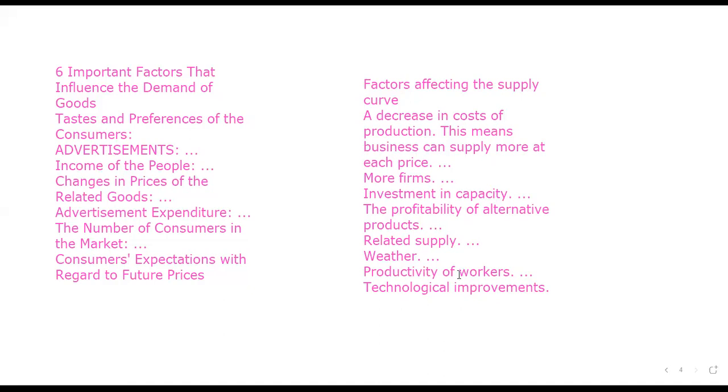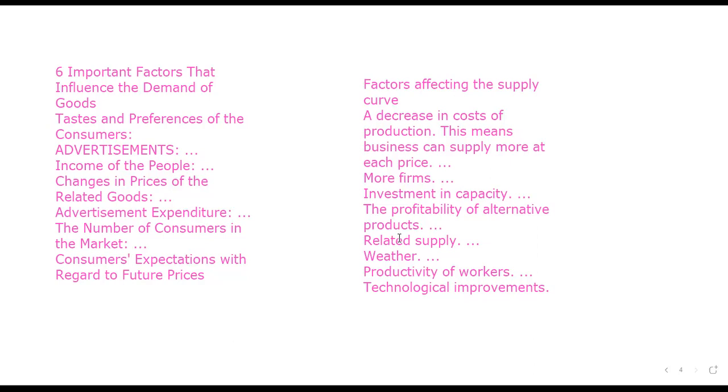So then also the related supply. If some supply is dependent on other related supply and it's available, then people will have the determination to produce, because the other related supply is a complement. The weather is also an important part that affects supply. If the weather in the mining industry is bad, it's rainy, people will not produce manganese so much.